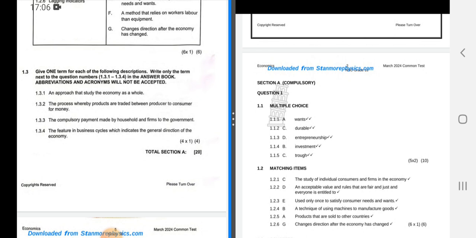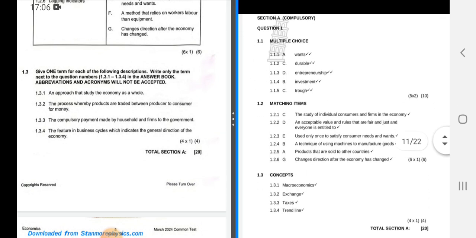And then 1.3.3 says the compulsory payment made by households and firms to the government. And then 1.3.4, you have to know the feature in the business cycle which indicates the general direction of the economy. So pause the video, do this example, and then let's reveal the answers.